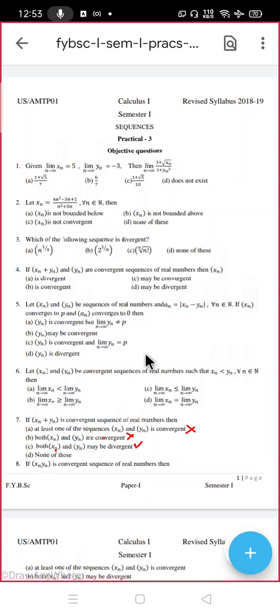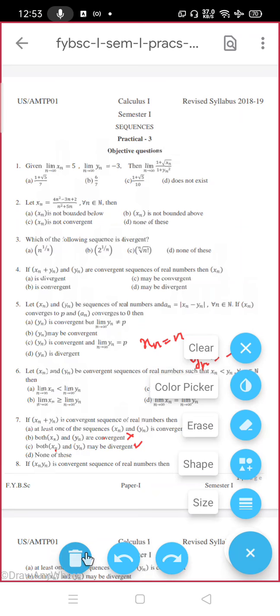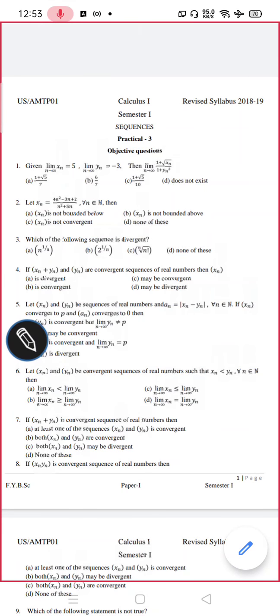Because I am having one example, xn equal to n and yn equal to minus n, correct? And their addition is 0. So xn and yn may be divergent. That is true. Option C is true, correct? Okay. Let us clear the screen and go to the next one.